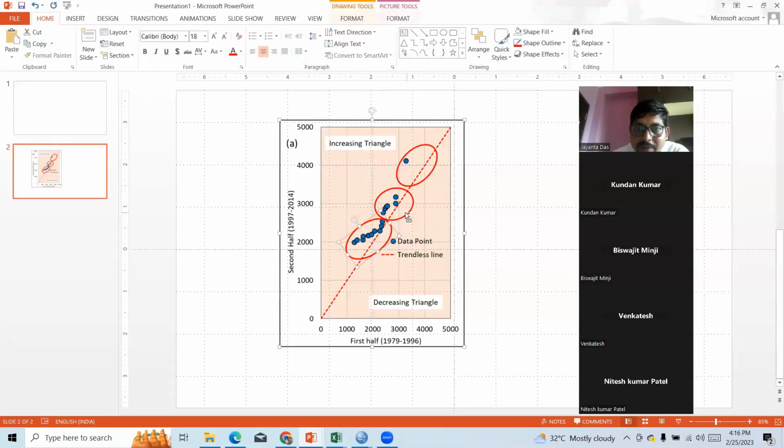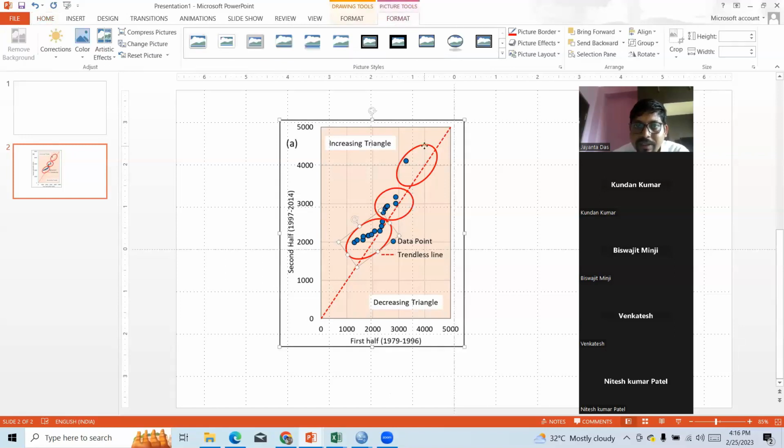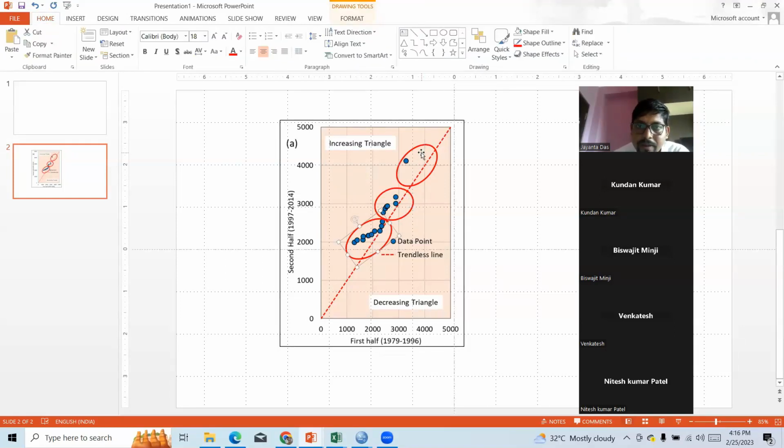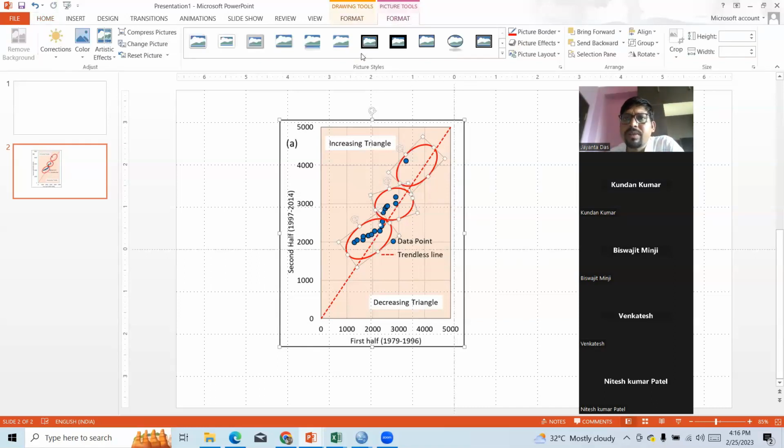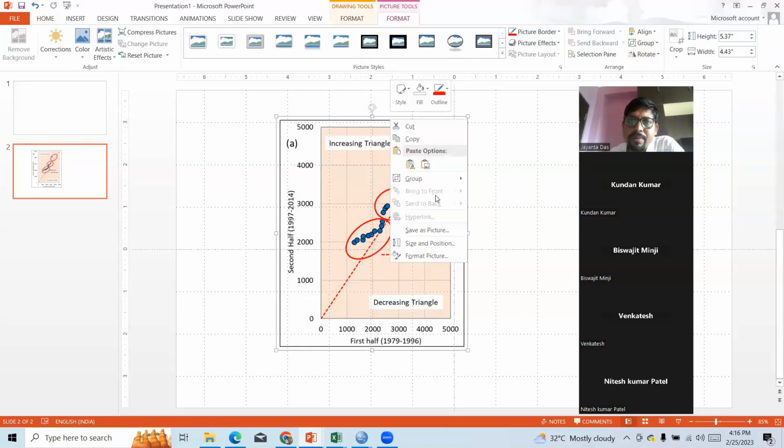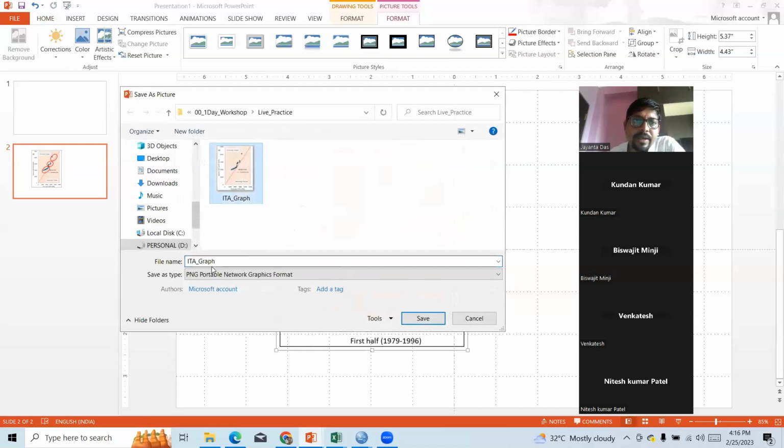Yeah, then we have to, sorry, it's not selecting. Yeah. We can make group from here also, like in format, then group, then we can easily export it. Save as ITA graph 2.